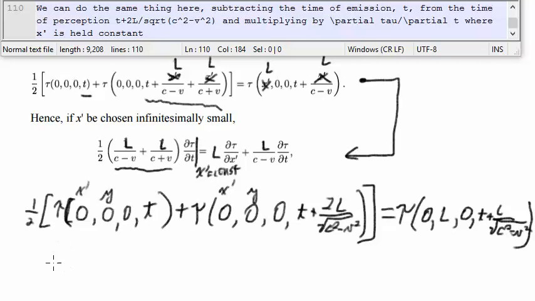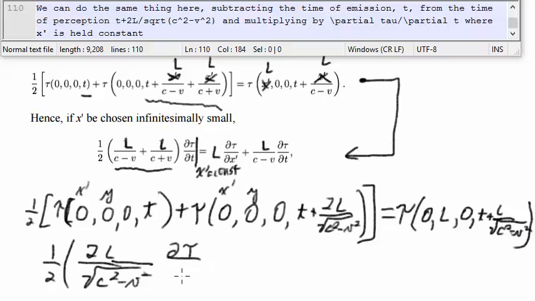We can do the same thing here. Take subtracting the time of emission, t, from the time of perception, t plus 2L over square root of c squared minus v squared, and multiplying that by partial tau partial t, where x prime is held constant.